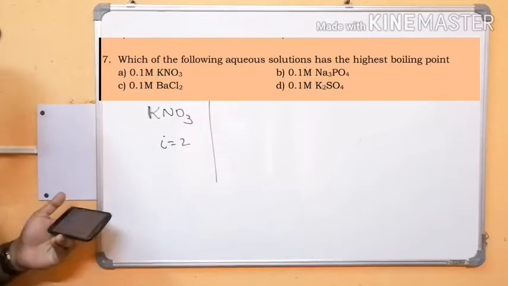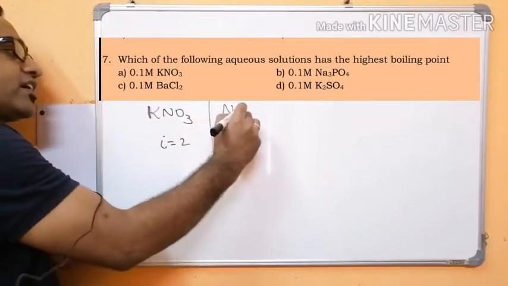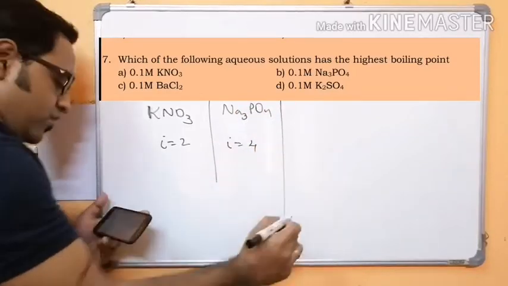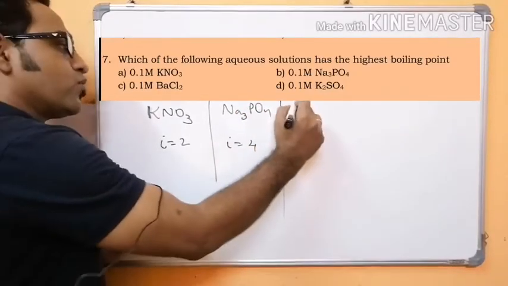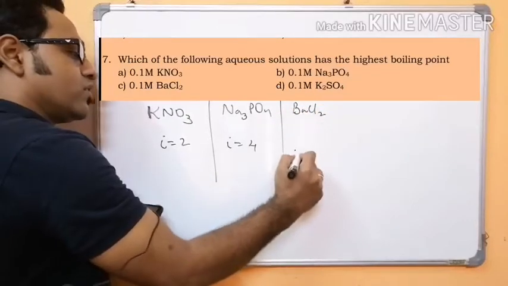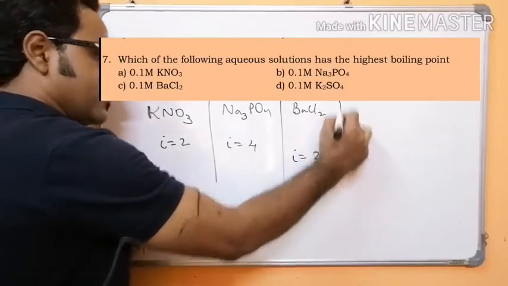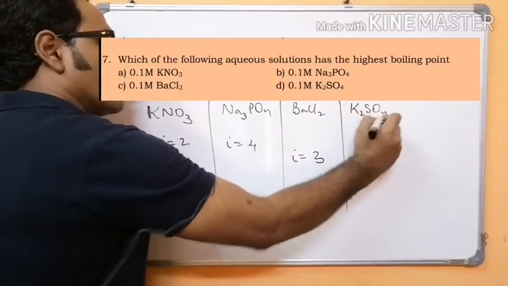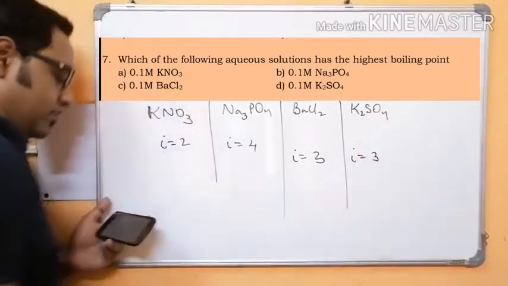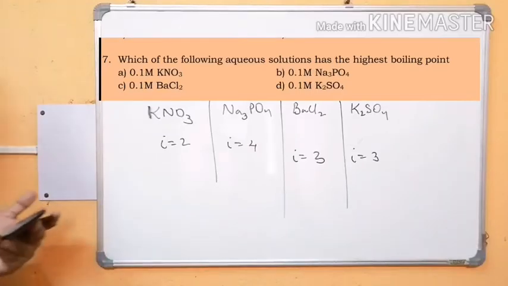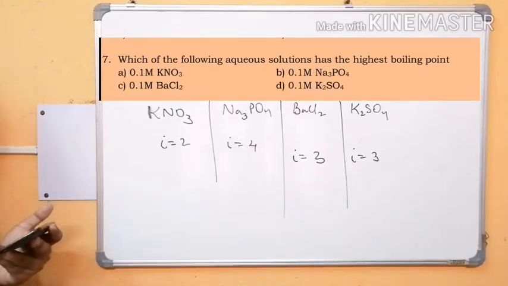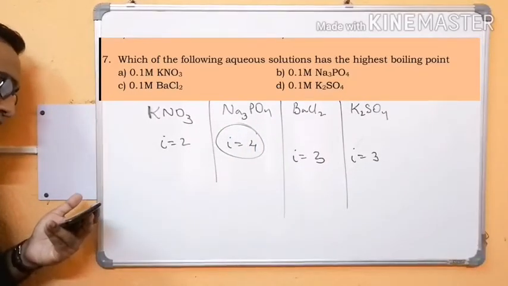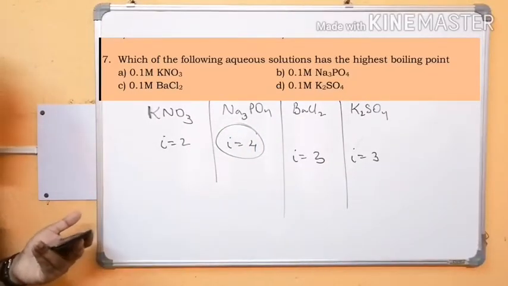In case of sodium phosphate, Na3PO4, the i value is 4. In case of barium chloride, BaCl2, the i value is 3. In case of potassium sulfate, K2SO4, the i is equal to 3. So you can easily guess which one will have the highest boiling point, this one. So it is option B which has the highest boiling point.